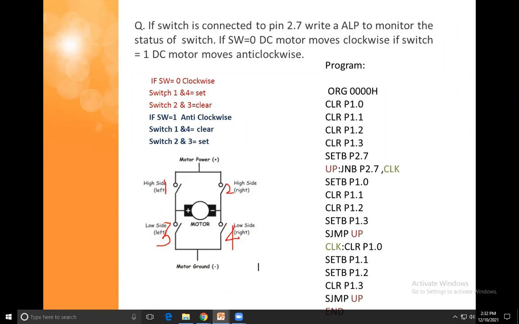Switches are there. For clockwise direction, switch number 1 and switch number 4 is connected. For anti-clockwise direction, 1 and 4 clear, 2 and 3 are set, which is port number 2 and port number 3 will be on.